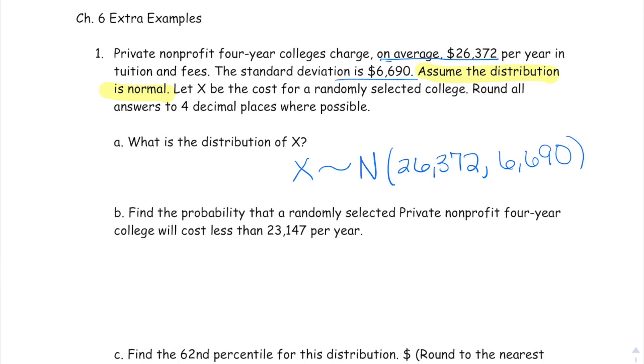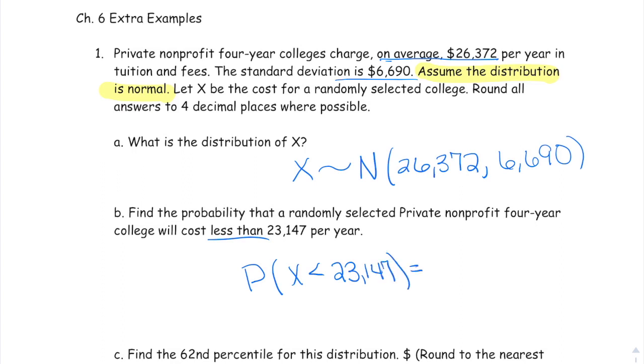Okay, now part B says find the probability that a randomly selected private nonprofit four-year college will cost less than $23,147 per year. So we're looking for the probability that X is less than $23,147.